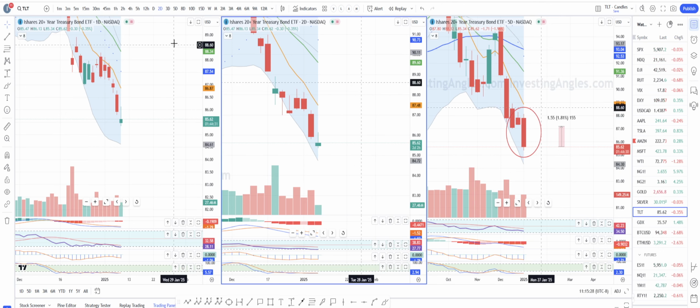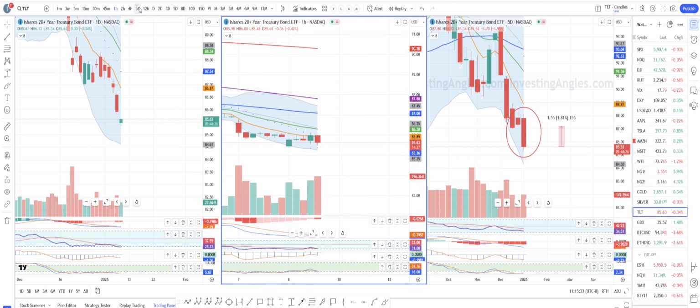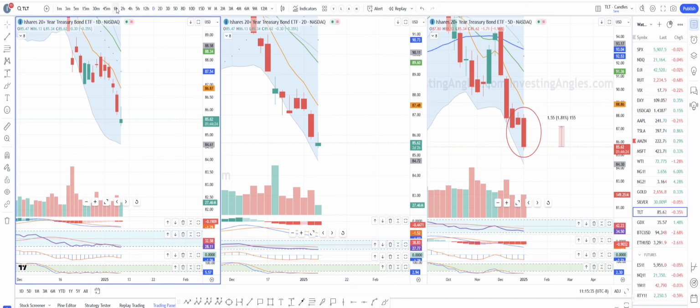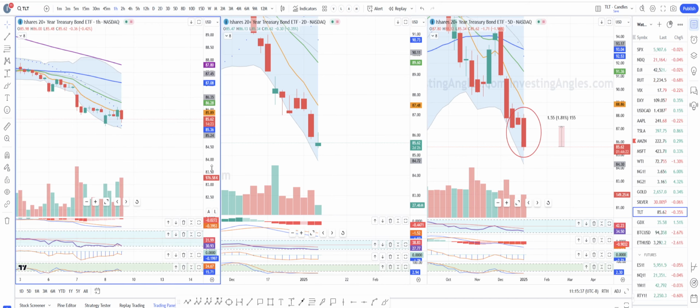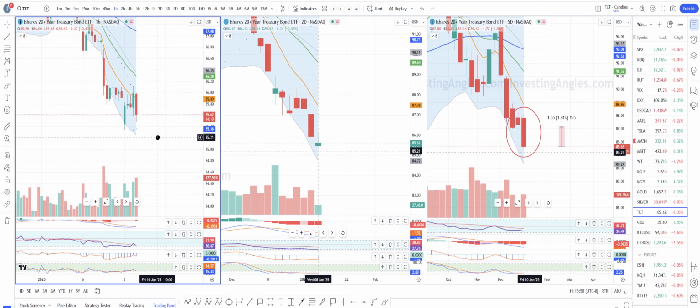So let's have a look at the 1 hour frame. What is happening right now? If TLT closes this particular hour in 14 minutes, it will be a bearish reversal, and we will see it moving lower.